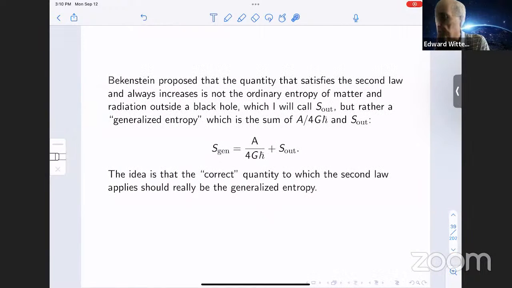That's supposed to be the correct quantity to which the second law applies. For example, it's not hard to see that when you toss a cup of tea into a black hole, although the outside entropy goes down, the area term increases by more. To do that calculation, you have to take into account the mass of the cup of tea as well as its entropy. And if you put in actual numbers for a real cup of tea, you'll find that this works just fine.